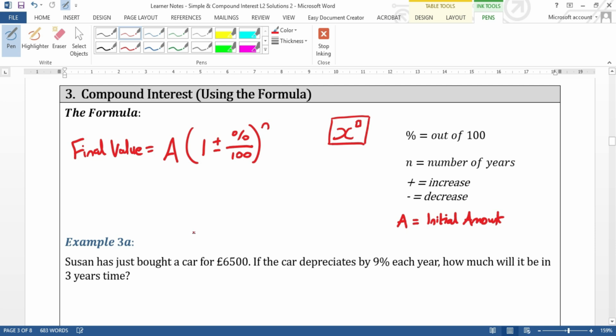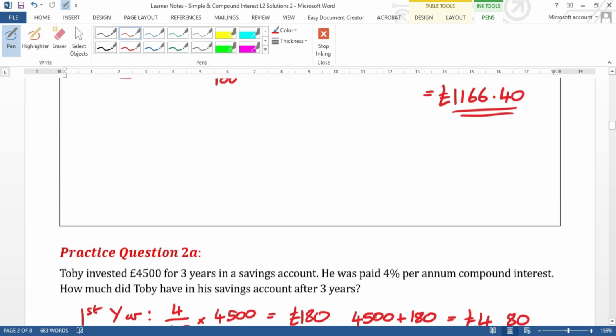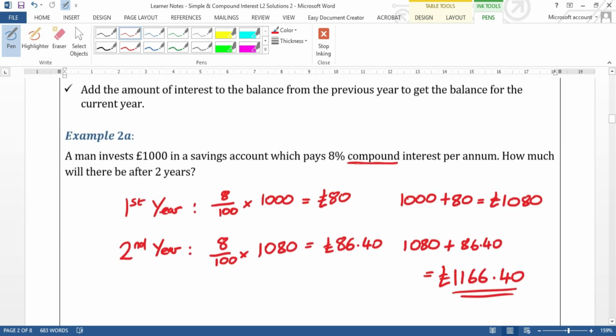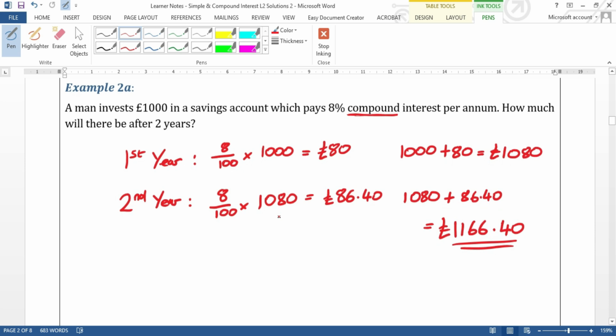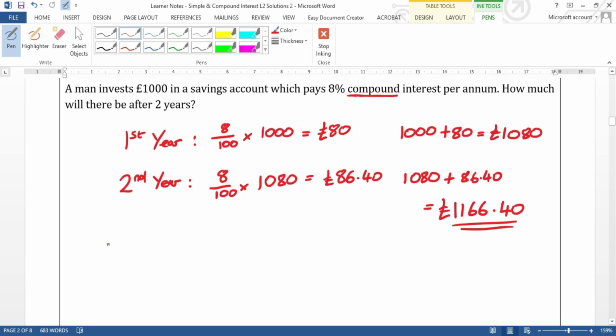Okay, so let's go back to one of the previous questions. This one we had here, for example, example 2a, where we did it the long way. Let me show you if this actually works with the quick way. So let's write our formula down.